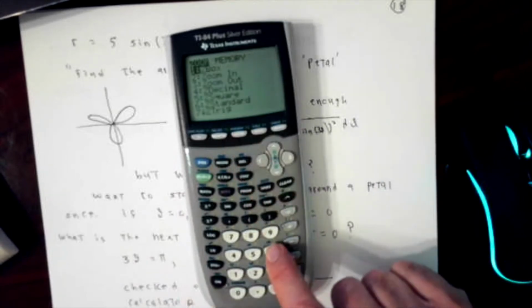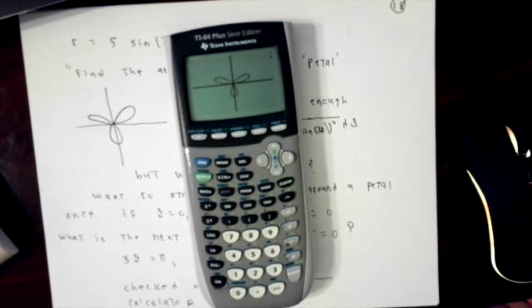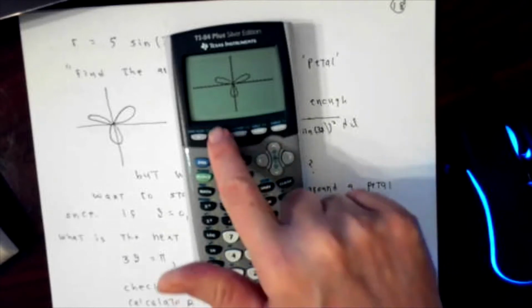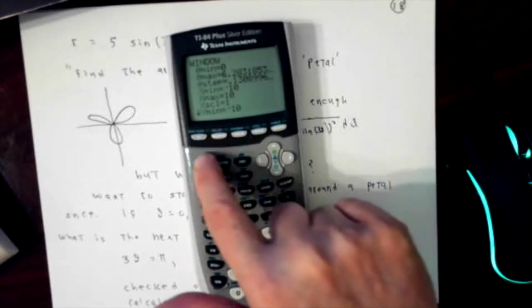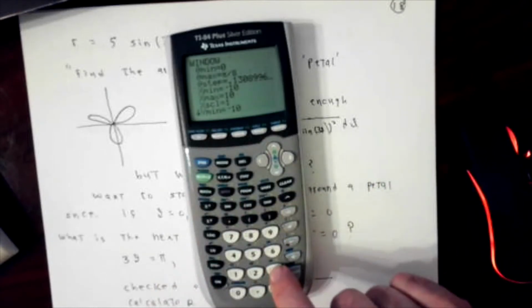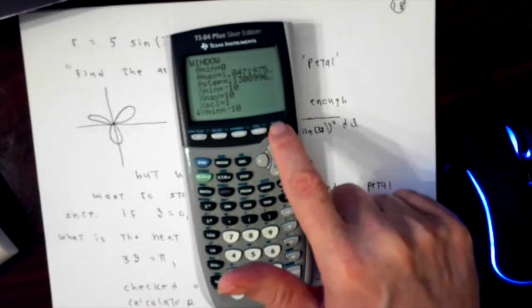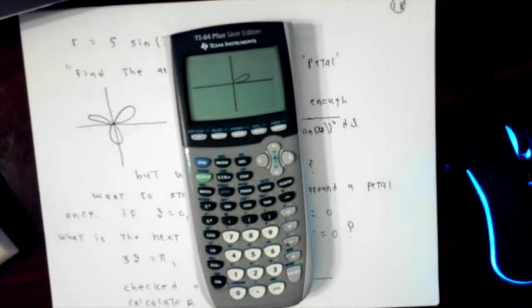Put it on the standard viewing window. The standard viewing window goes from 0 to 2 pi, so I've got to go back in here and fix that. If I change my window so that theta goes from 0 to pi over 3, that does give me one of these loops, one of these petals. So 0 and pi over 3 are going to be my limits of integration.